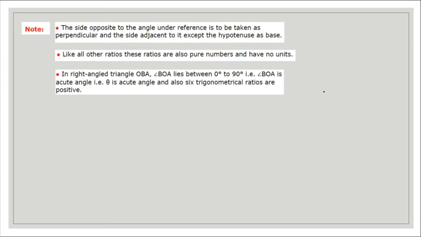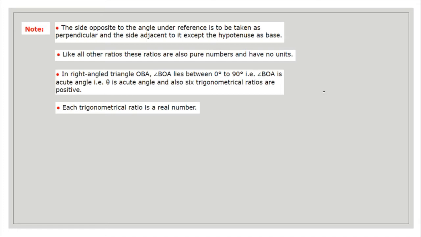That is, it is an acute angle. Theta is an acute angle, and also the 6 trigonometric ratios which are defined are all positive. Each trigonometric ratio is a real number.